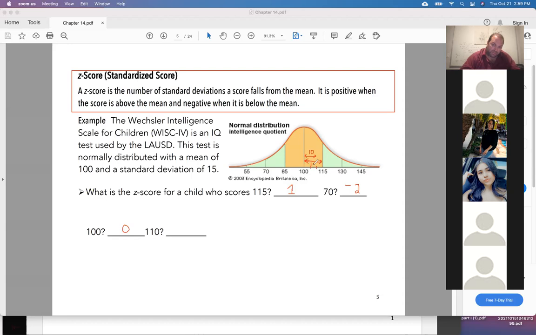What's 10 out of 15? 0.67, 0.6 repeating, or just 2/3 if you prefer fractions. Which, by the way, gives us the formula that we're going to use for the z-score.